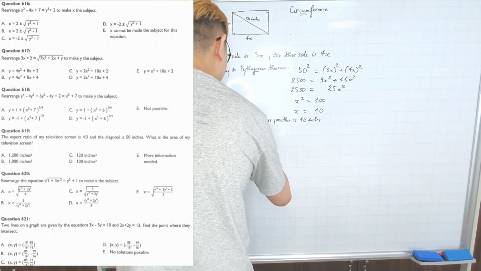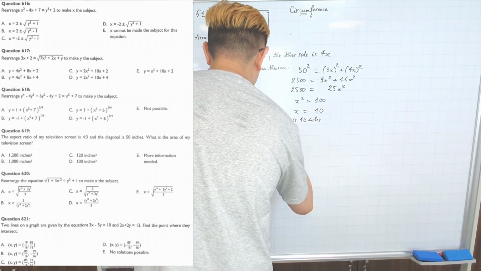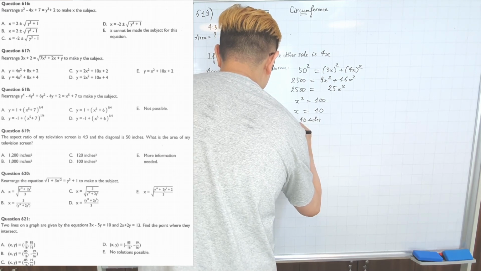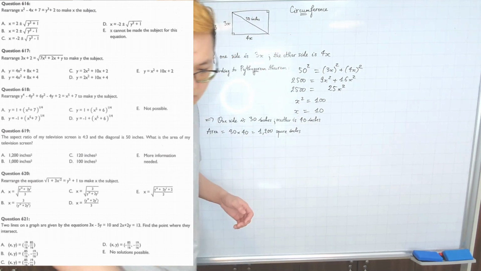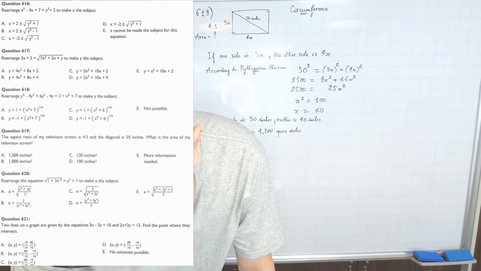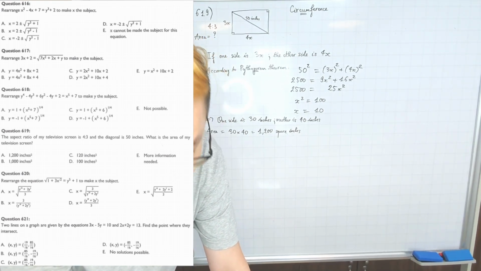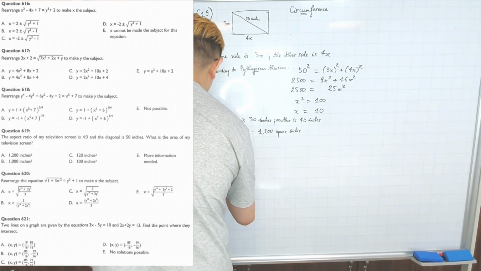Area is basically 30 times 40, so you have 1,200 square inches, right? What answer is that? It's answer A. Very good. You see, this is not that hard like the last question. Okay, so let's try 620.